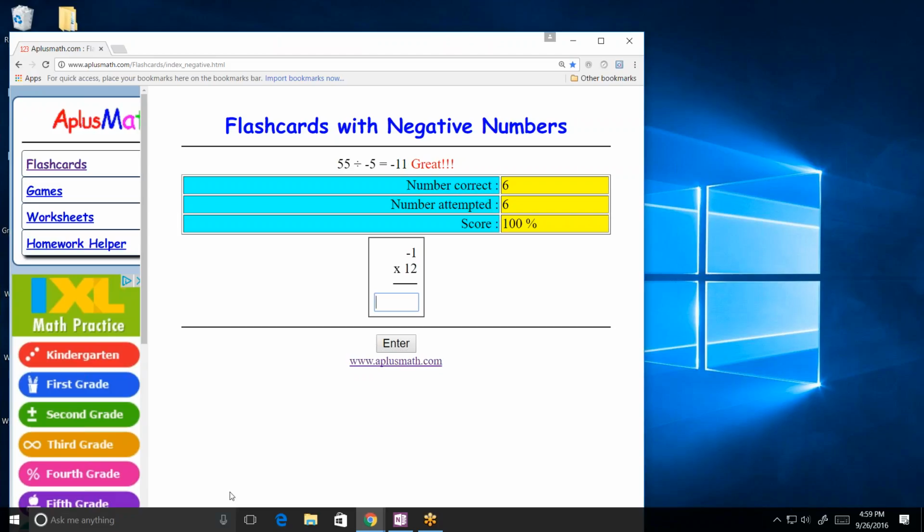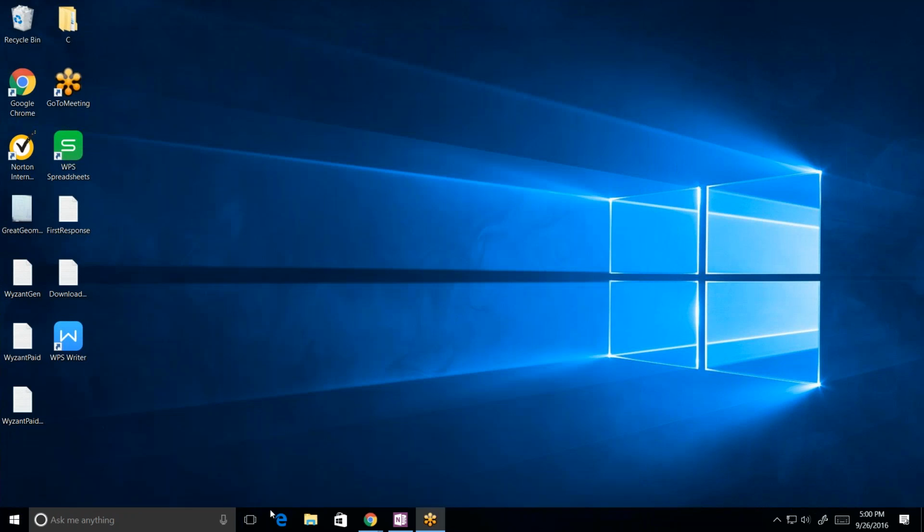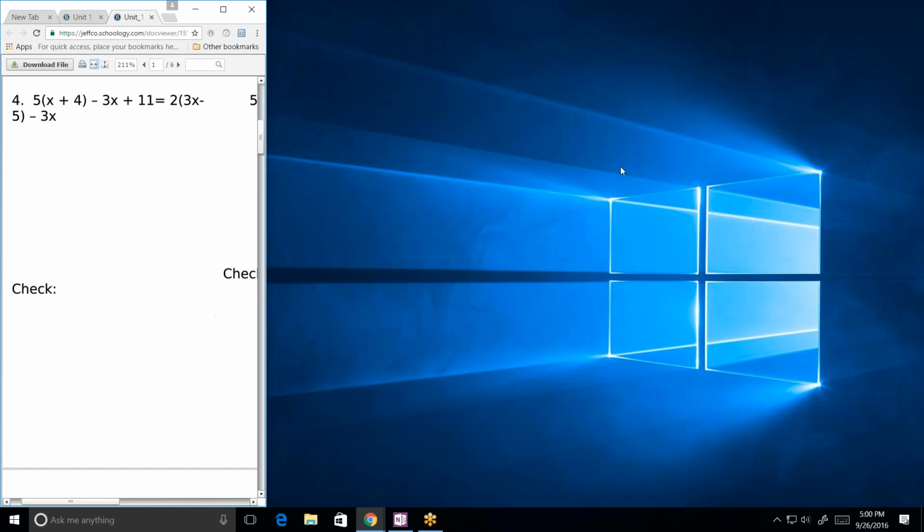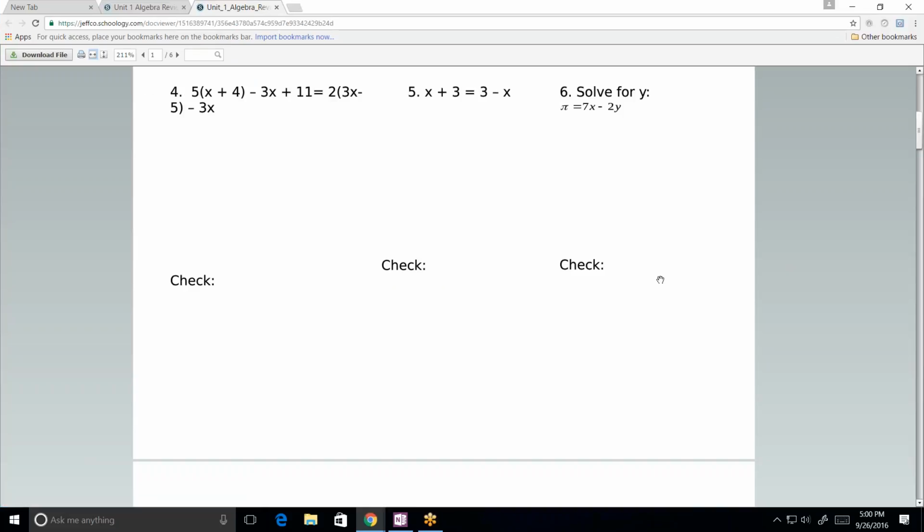When you are doing algebraic equations like this, like it's on this page, you'll notice that for every problem we have to do 5 or 6 simple calculations. You have to multiply 5 times 4, you have to subtract 3 from 5, you have to add 11, you have to multiply 2 times 3, you have to multiply 2 by minus 5.